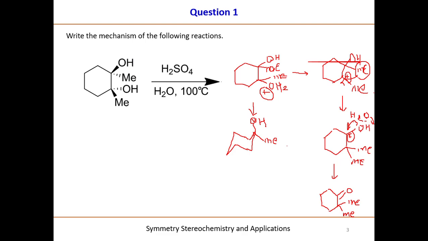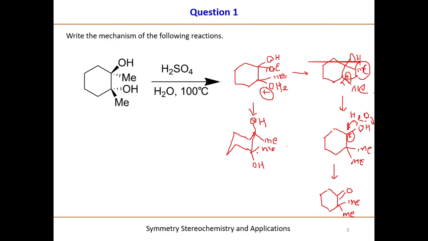Like if it is an axial hydroxy group, then the other hydroxy group trans to this one will be in the downward direction. And both the methyl groups are trans to each other, that means they will be in opposite directions, that is equatorial position.